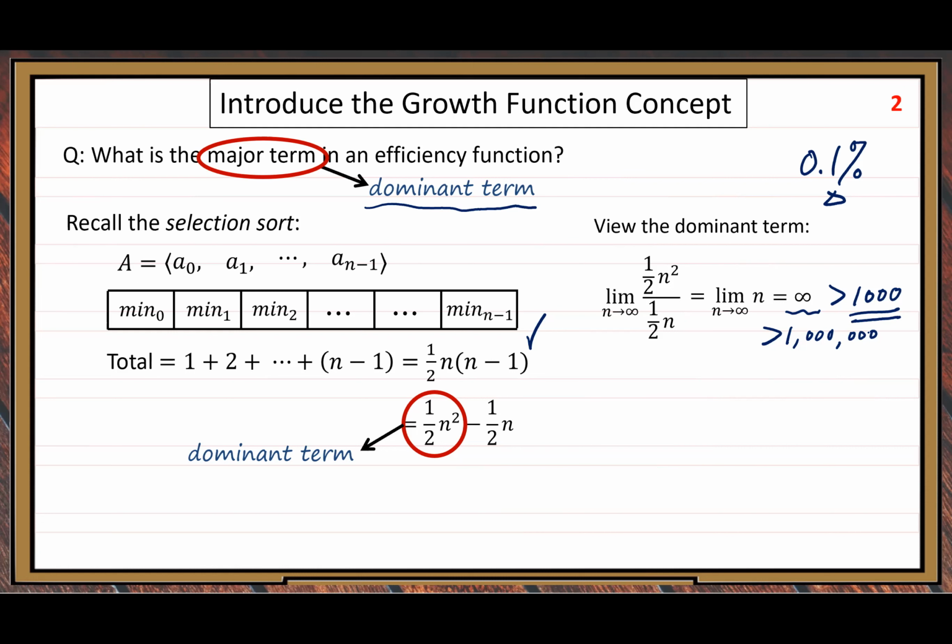Although if you look at the absolute value, the second term could be big, right? 1/2 of n, because n can be 1 million and n can be 1 billion. So if you look at the absolute value, it is huge. But after you take the ratio, the first term really dominates the second term.